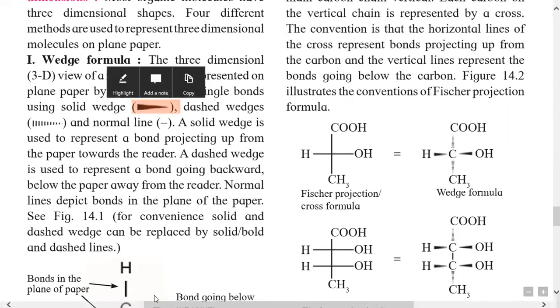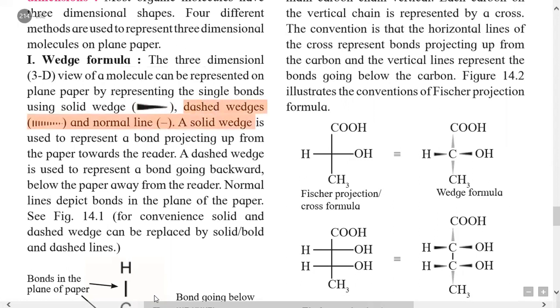So this is a solid wedge, and a dashed wedge, meaning this dotted type of line, can be represented below the plane. Solid wedge is above the plane, dashed wedge is below the plane, and a normal line. These three types of lines or wedges can be used.